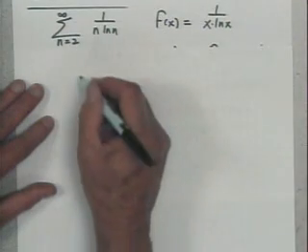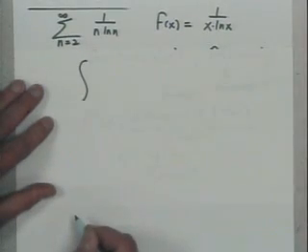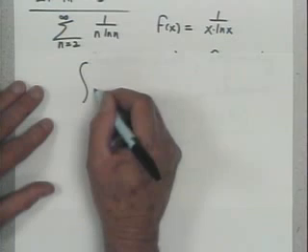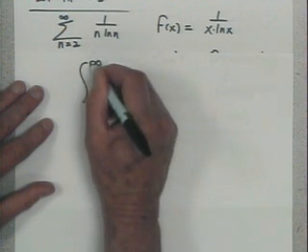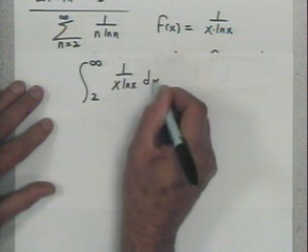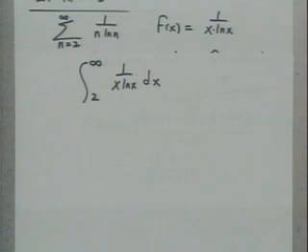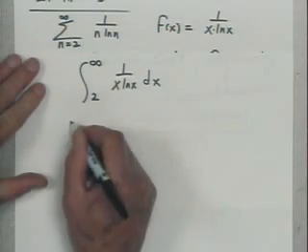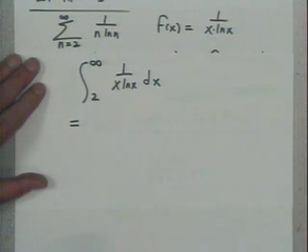The fact that this series, its convergence or divergence depends on this integral. Okay, I've got to check this integral. The convergence or divergence is right along with this integral. Okay, here I'm pretty fussy.